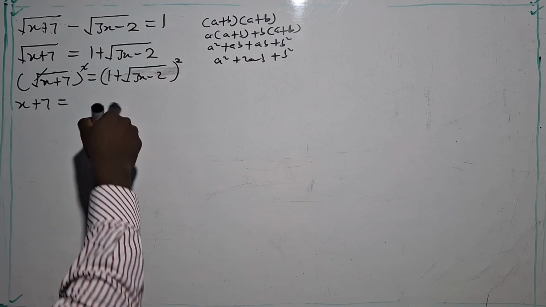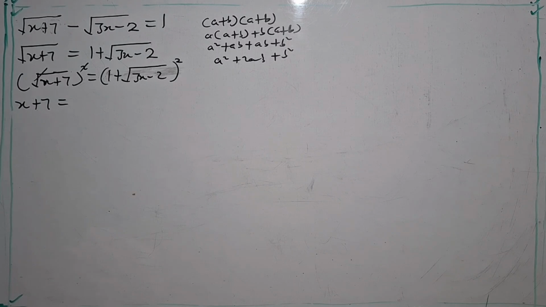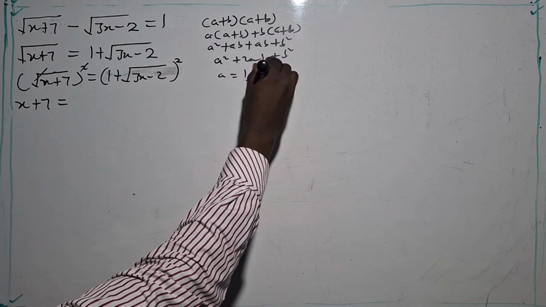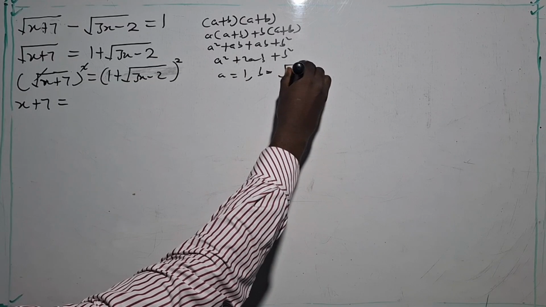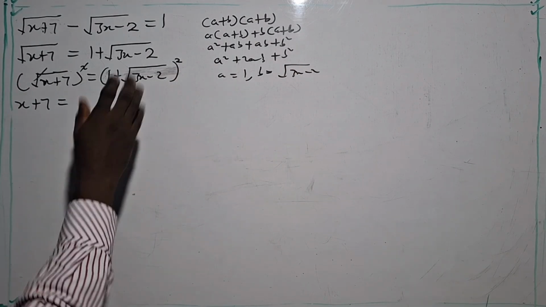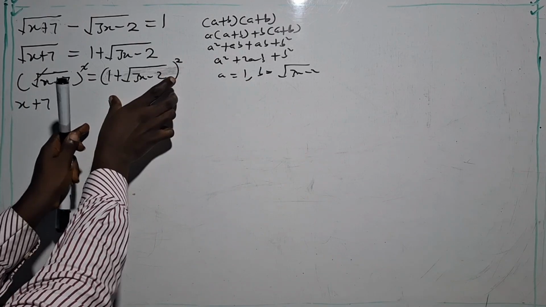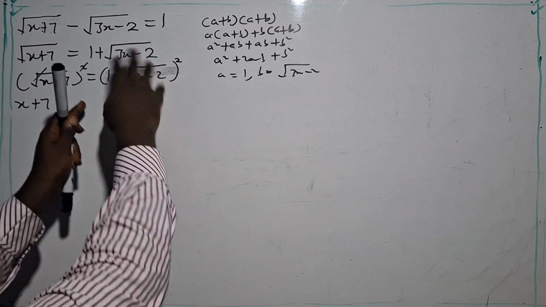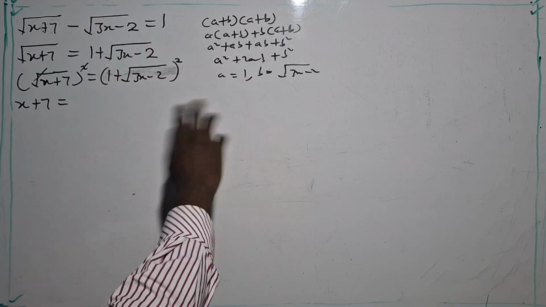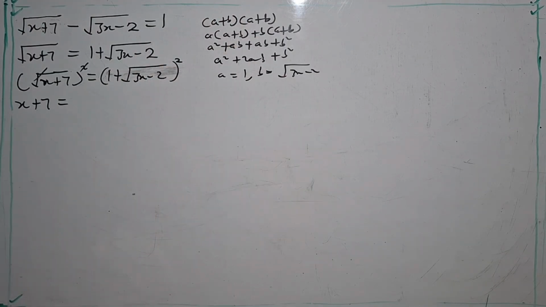The other one was having minus, so we use a minus b. So with this, you can see that our a is 1, then our b is the square root of 3x minus 2. So always do this to remember how to solve this, or you can write this one, you can repeat the bracket, this bracket with another one multiply, and then you use binomial expansion to print it. You get the expression in this form.